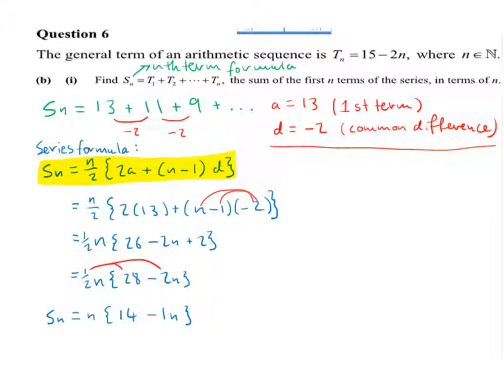If I wanted to find the first 50 terms added together, or series more so, since we'd be adding, I'd swap each n for 50 with brackets around it, and then multiply out. So now we have a formula for the sum of the first n terms of the series, and it's in terms of n, which means n is in the answer. We can see there's an n and another n.